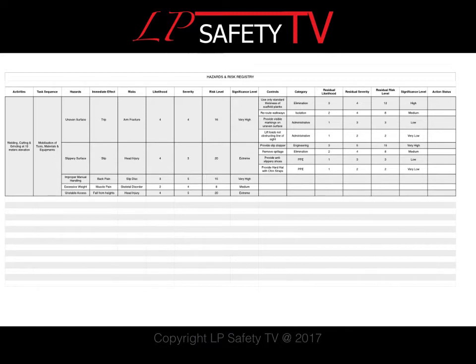Okay, like on the first row of our control, so we have put something in there, and once that control is being applied or is in place, what will happen? Your likelihood will be reduced from 4 to 3. But if you will notice, your severity didn't change because that control particularly attacked the likelihood.